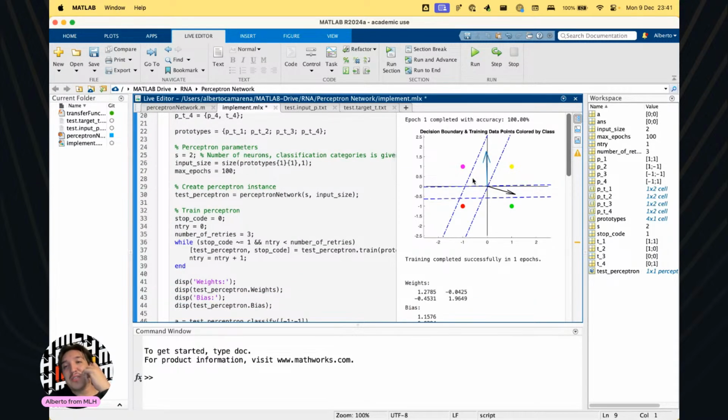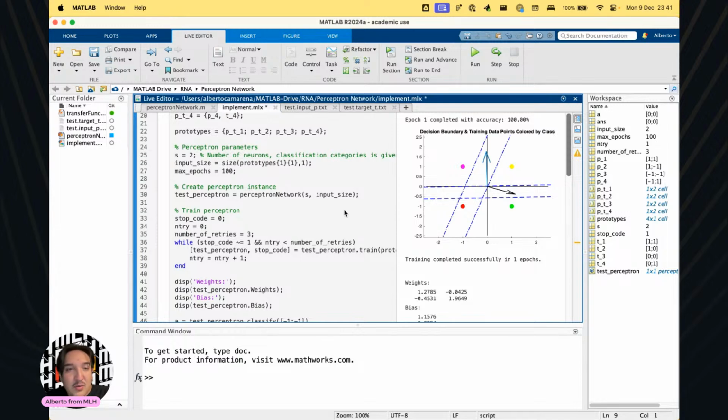Okay, so as you see, there are different biases here. For example, this line, it's exactly on 0.